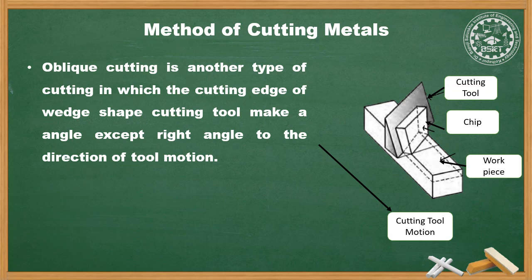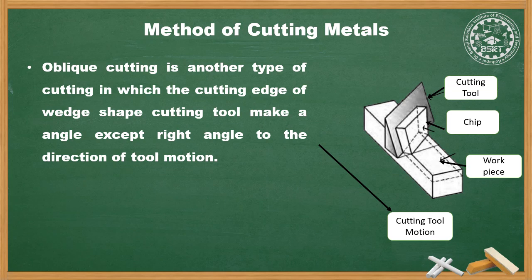The cutting angle of the tool does not make a right angle to the direction of motion. Other than a right angle, it may make any angle, maybe oblique, greater than 30 degrees or 40 degrees. The chip makes an angle with the normal to the cutting edge.